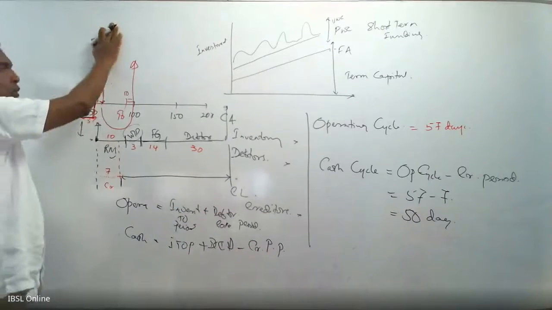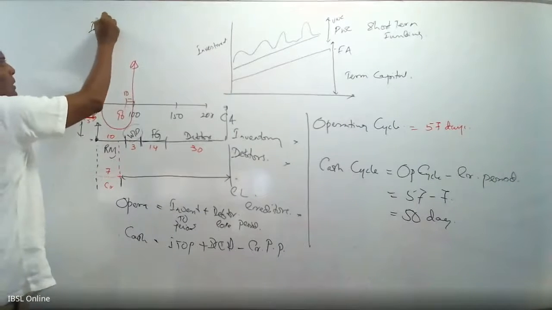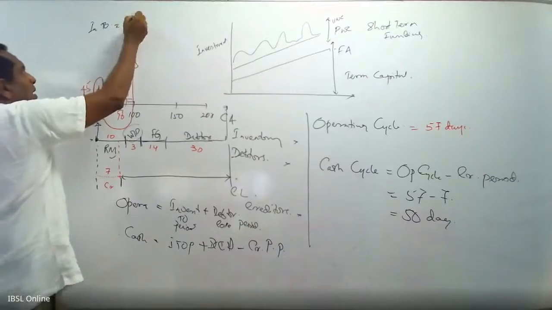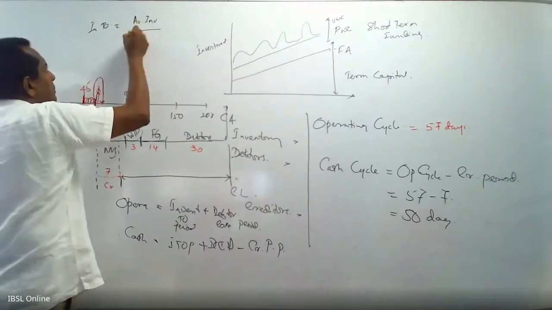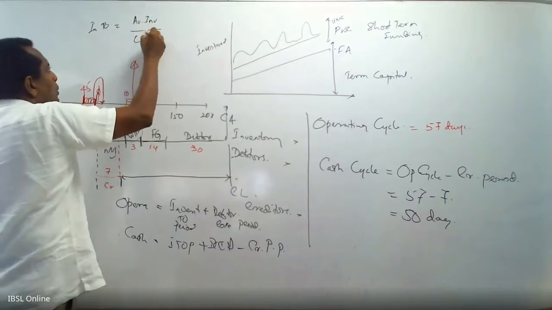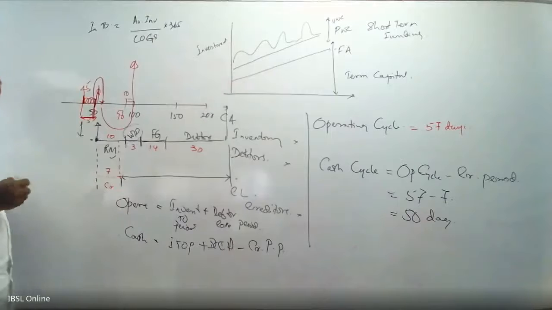Just to remind you, the inventory turnover period is average inventory divided by cost of goods sold into 365, right?